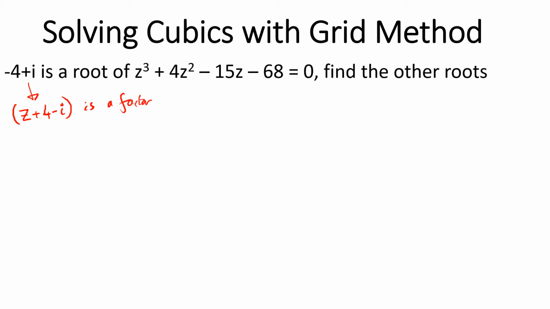So this is where we want to use the other fact that factors, if they're complex, come in conjugate pairs. And we can say that as well as minus 4 plus i being a root, then minus 4 minus i is a root. And so the other factor that could exist would be z plus 4 plus i.